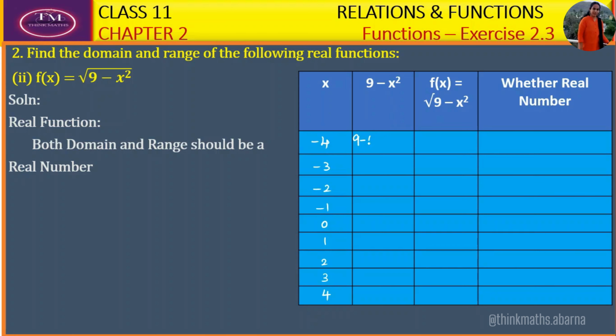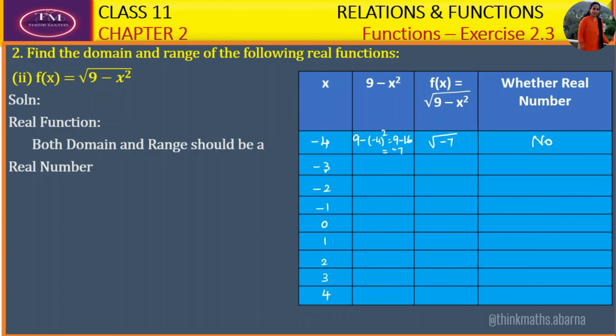Minus 4 whole square is 16, since a minus square is always positive. So 9 minus 16 is minus 7. So what is f of x? f of x is the square root of 9 minus x square, which is root of minus 7. Is root minus 7 a real number? No, it is not a real number.